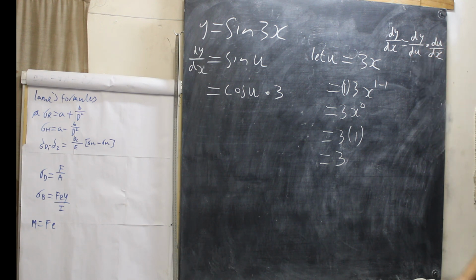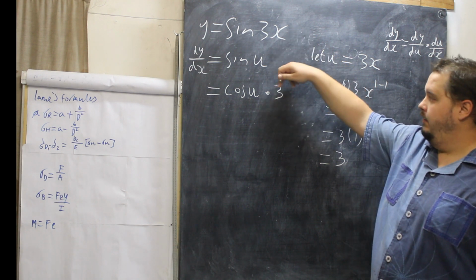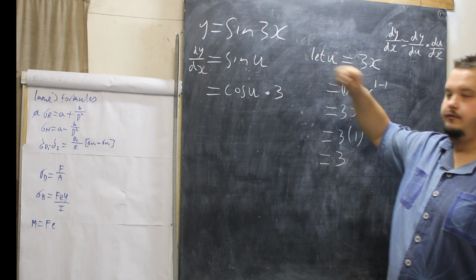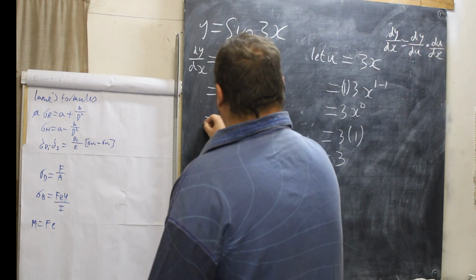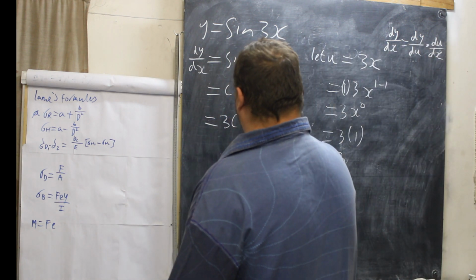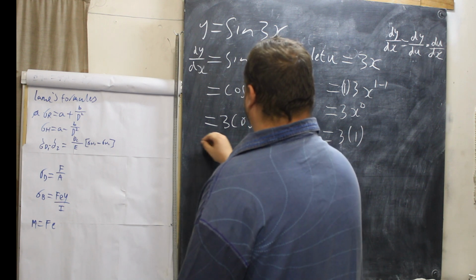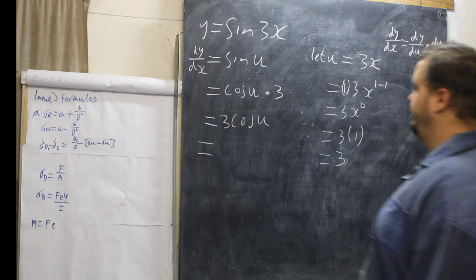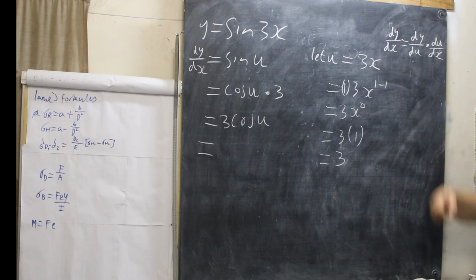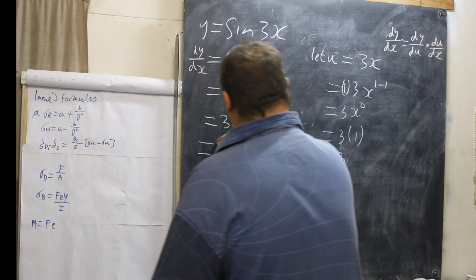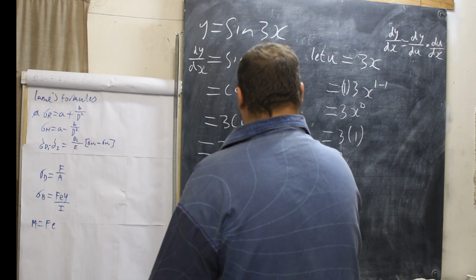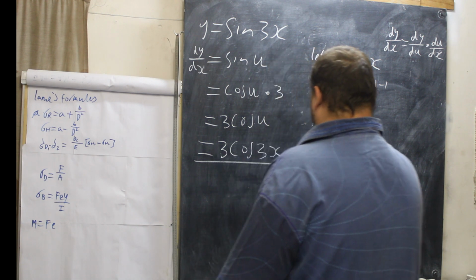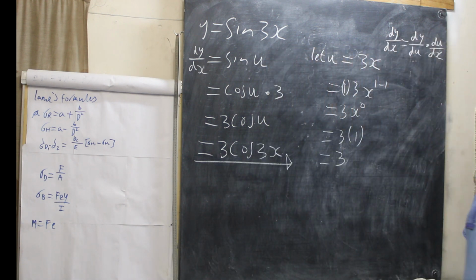You take the derivative of the outer function and you multiply by the differential of u. So this becomes 3 cos u. Now we replace u with what we started with. So 3 cos 3x. And that is our final answer.